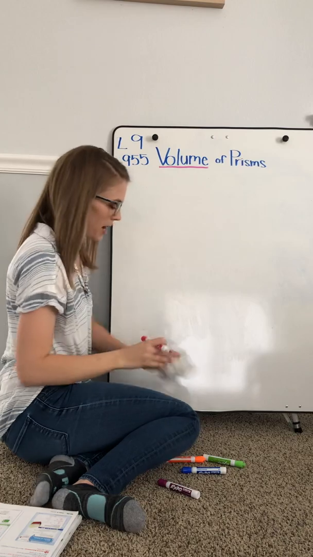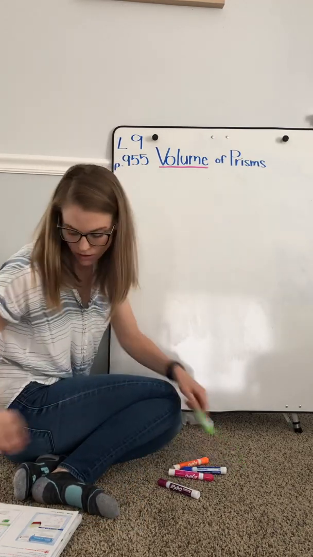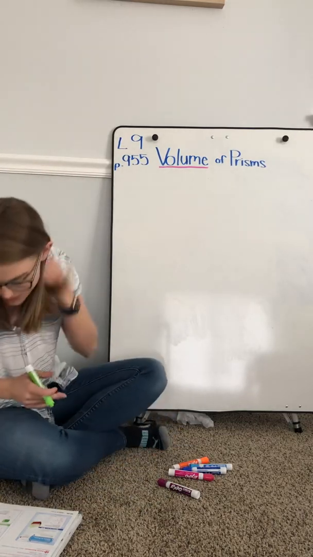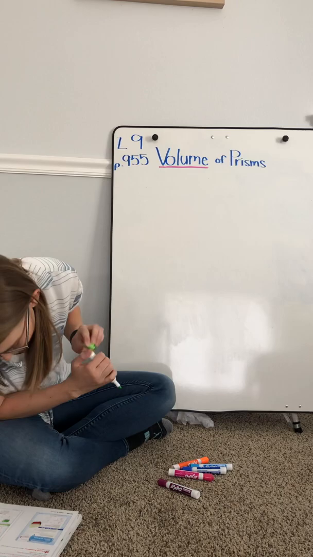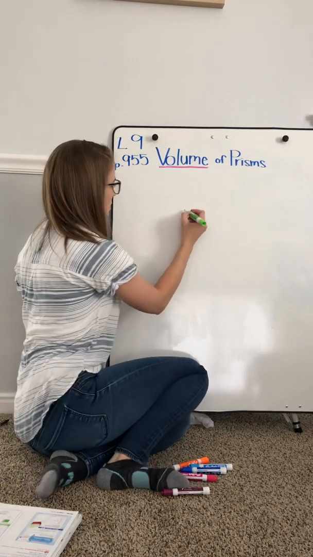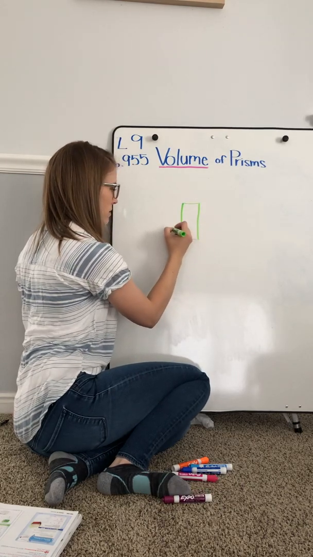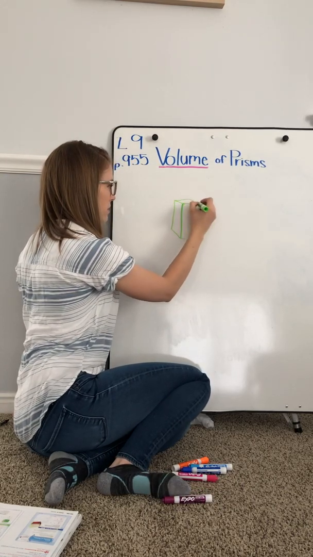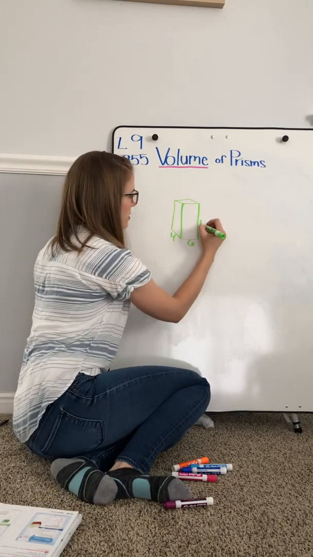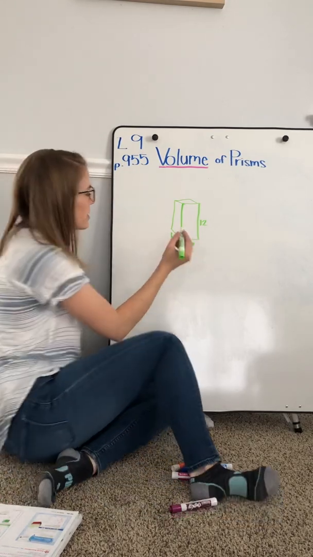We're going to do one more practice together on this video. This is guided practice number 2. It was 6 by 4 by 12, and we're using feet this time.